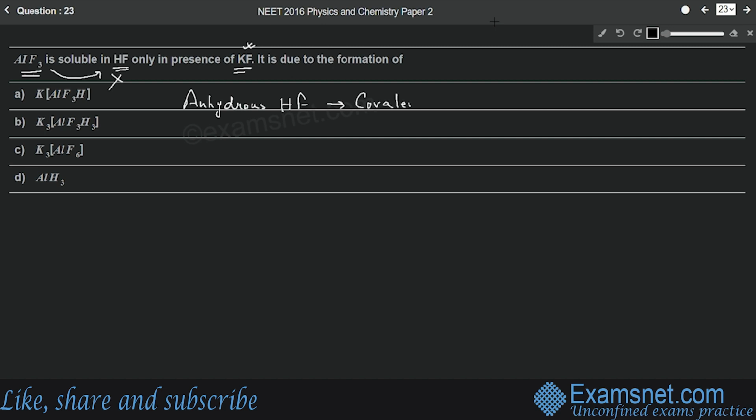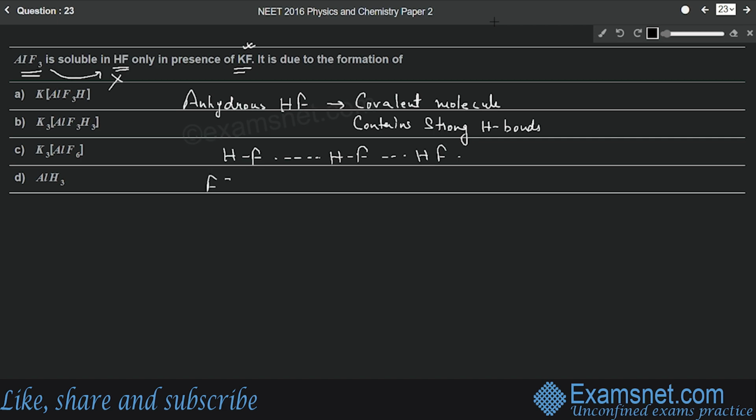Okay, it is a covalent molecule and it contains strong hydrogen bonds. So these are bonded strongly by the hydrogen bonds like this. Hydrogen fluorine. Okay, this is hydrogen fluoride. Now there is a bond formation, hydrogen fluorine, like this. Okay, now due to this, free fluoride ions are not available for complex formation.